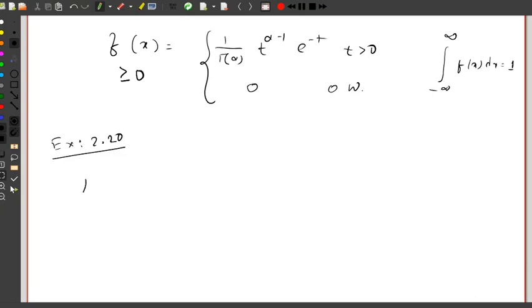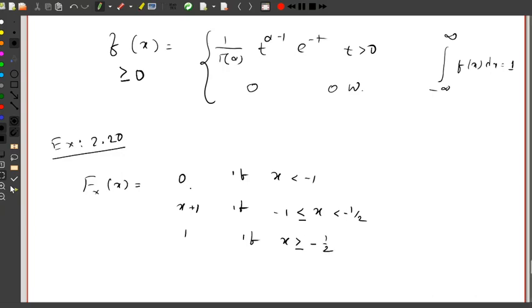The distribution function given to us is 0 if x is less than minus 1, x plus 1 if minus 1 is less than or equal to x, less than minus half, and 1 if x is greater than or equal to minus half.